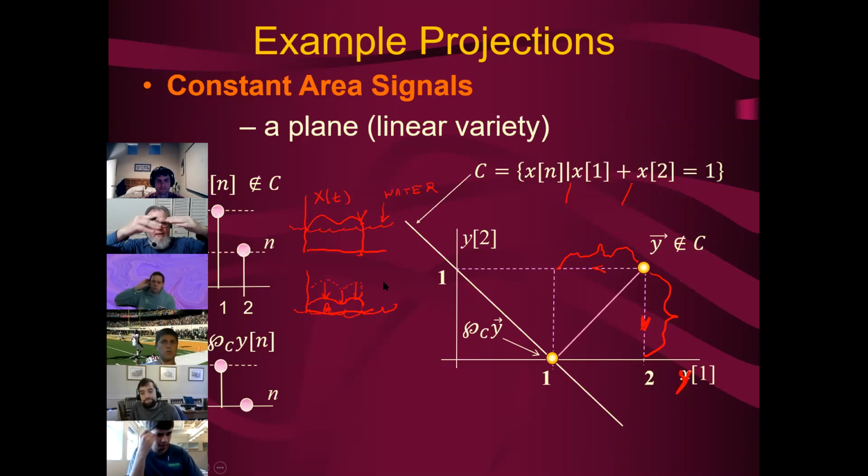So we have kind of the function floating on the water. So we take the whole function and we reduce the water level, and the whole function comes down. It comes down to the point where it finally has the area of A, and that is the projection. Kind of cool, huh?